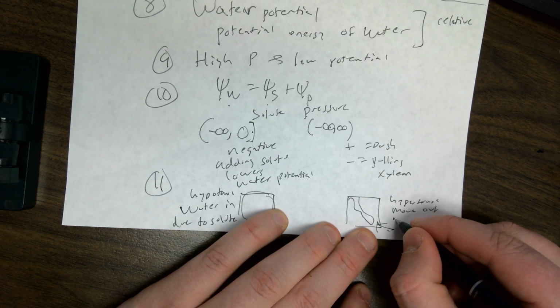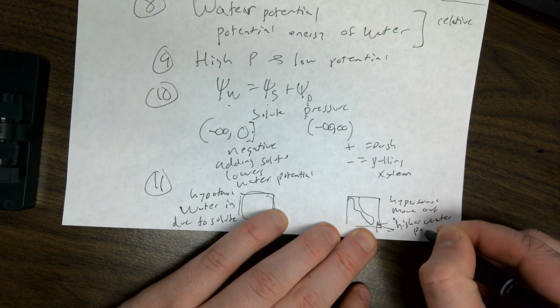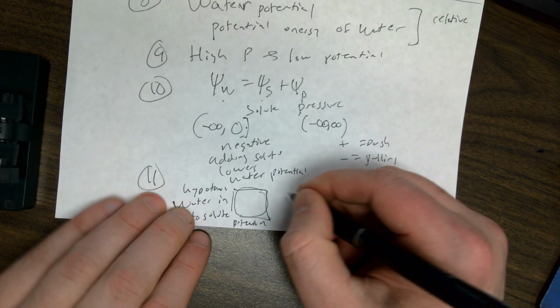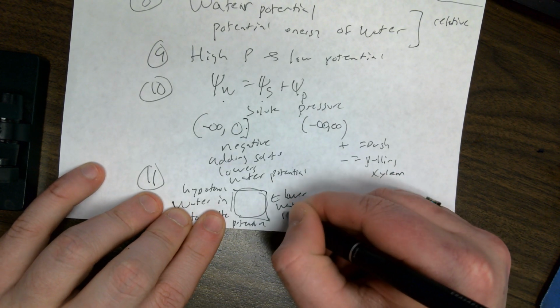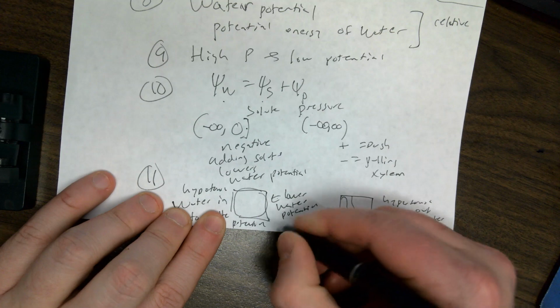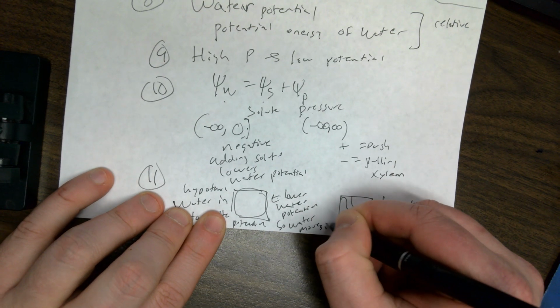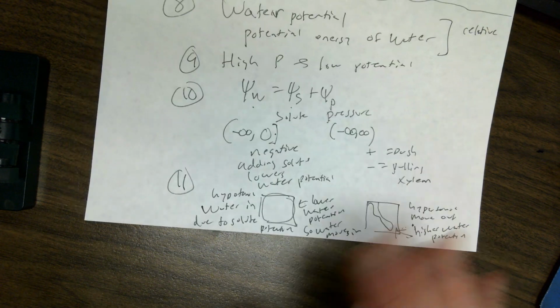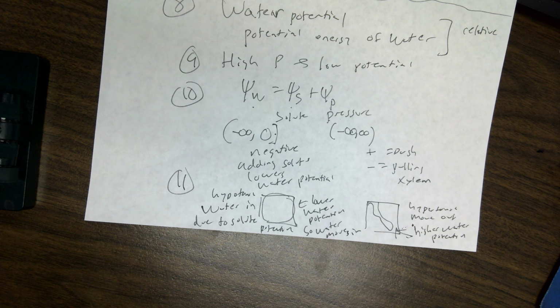So higher water potential here. So this is higher water potential, so water moves out. Here it's lower water potential, so water moves in. Remember, water potential and solute potential are inverses of each other. So as water potential goes up, solute potential goes down. That's super important. Don't forget that.